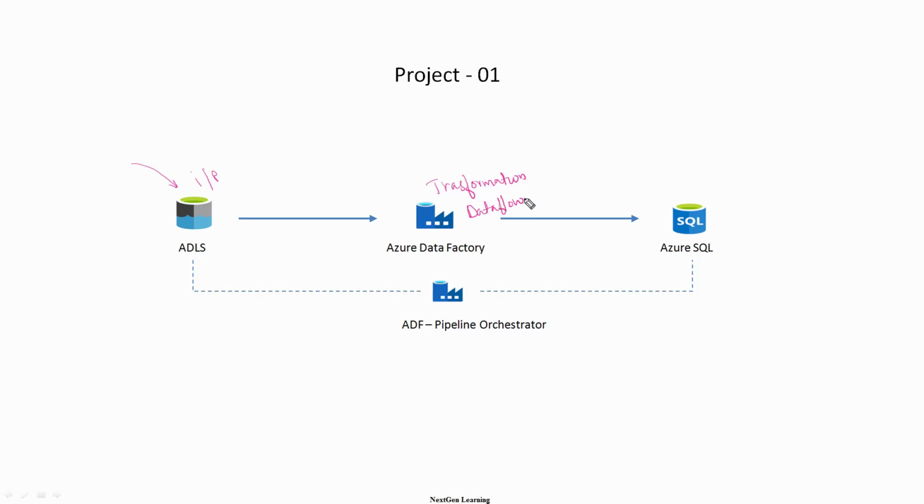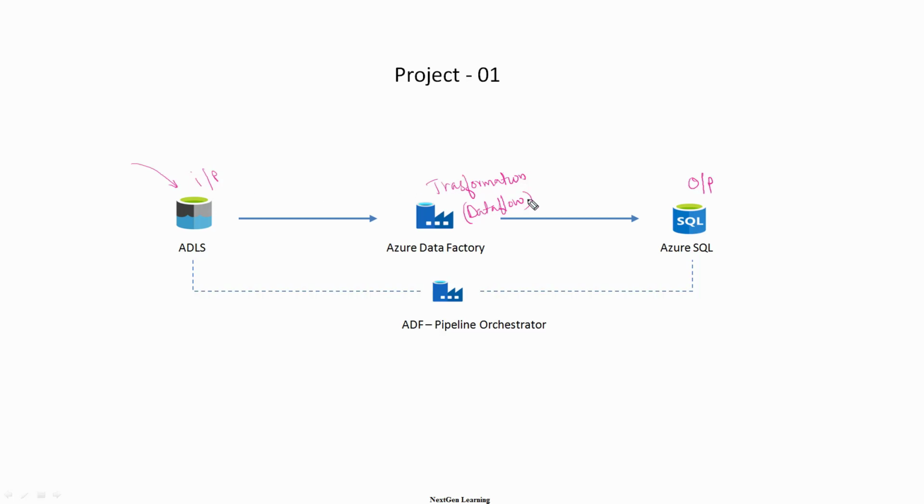There is a feature called data flow, and we can use that for this particular requirement. Finally, our output or destination is Azure SQL, and we will be storing our processed data in one of the tables in Azure SQL.